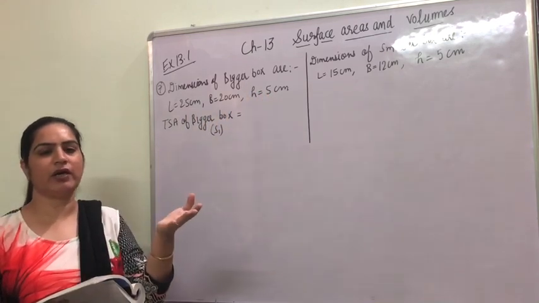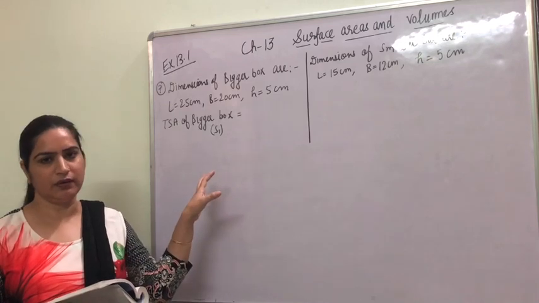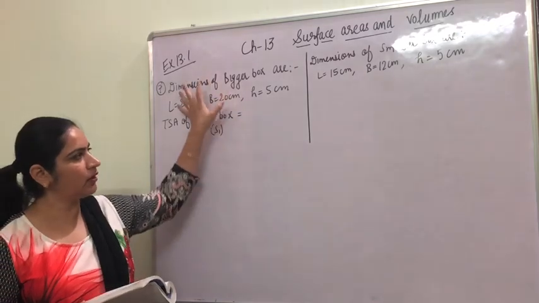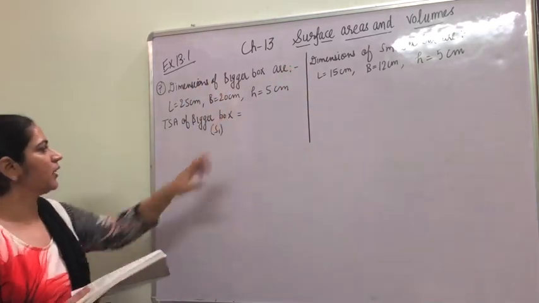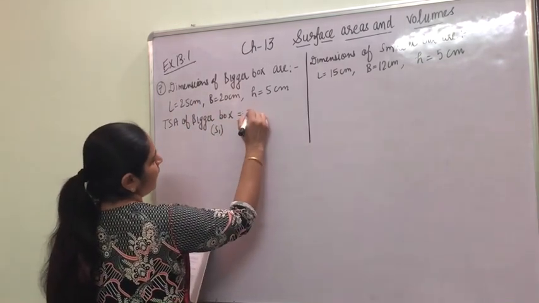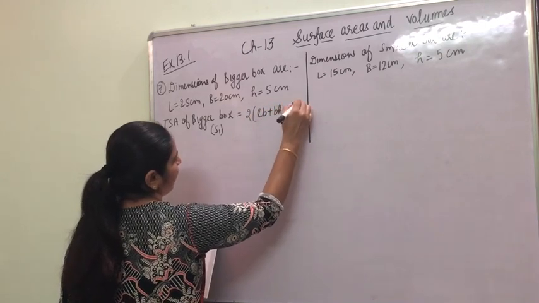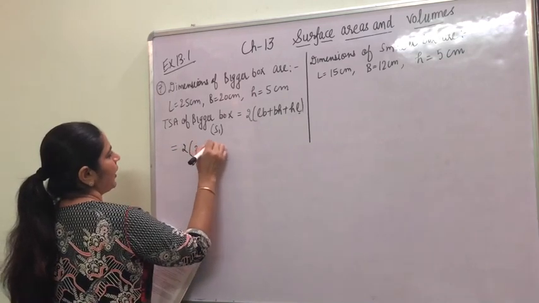When we have to find the requirement of the cardboard, it means we have to find the total surface area. So we are finding the total surface area of the first box, the bigger box, and the total surface area of the smaller box. Dimensions are given. Now we are finding the total surface area. Formula of the total surface area is 2 times LB plus BH plus HL, which is equal to 2 times 25 into 20.